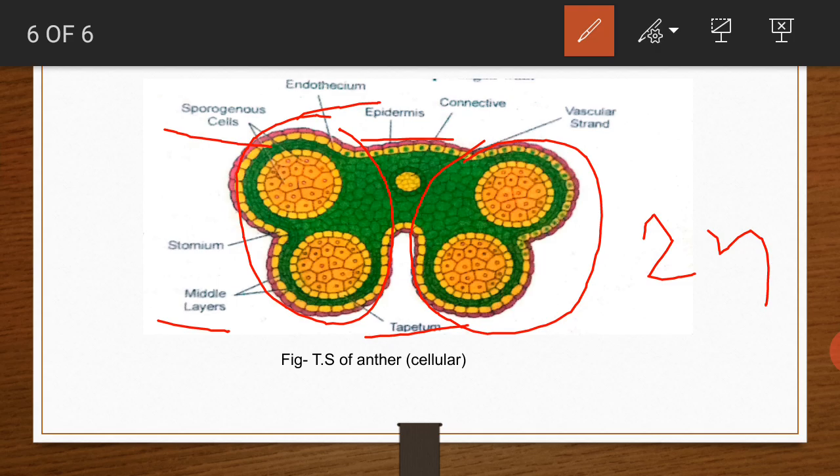Each spore mother cell undergoes meiotic division and produces 4 haploid microspores. This process of formation of microspores or pollen grains from a pollen mother cell through meiosis is called microsporogenesis.